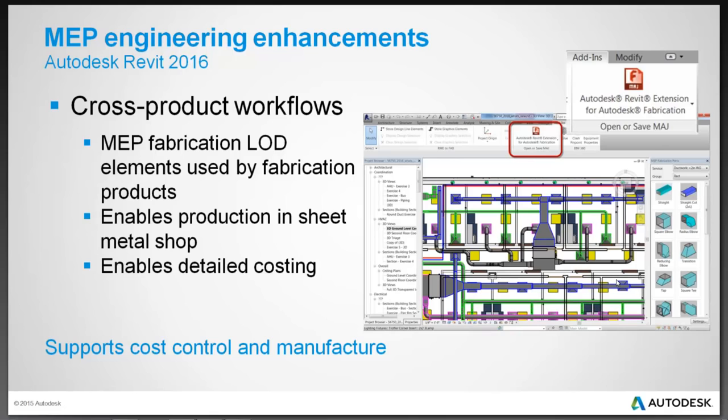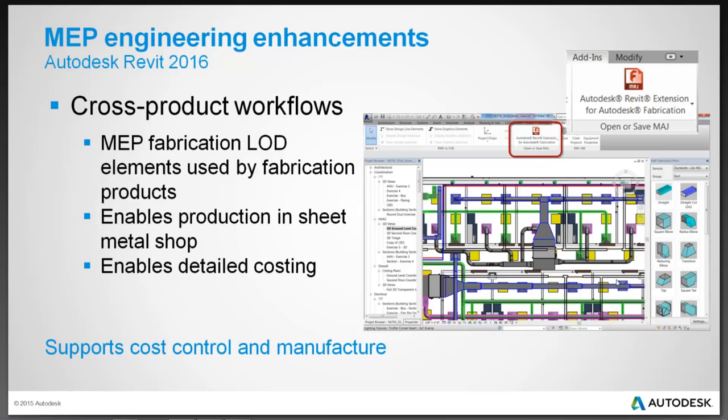MEP fabrication LOD elements coordinated in Revit may be written out for consumption by Autodesk MEP fabrication products. You can send the project directly to production in the sheet metal shop via your fabrication CAM duct software, and you can also perform detailed costing and estimation in the fabrication MEP software.